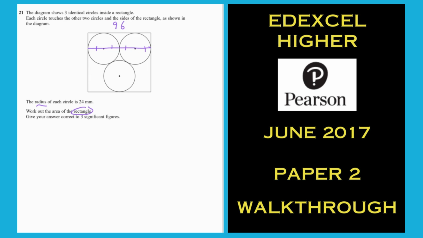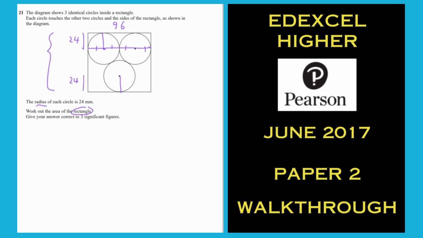So it's 96 wide. So we're going to need to do 96 times something. What is that something? Well, that something is this distance here. Part of that something is 24, because that's the radius. Another part of that something is also 24.